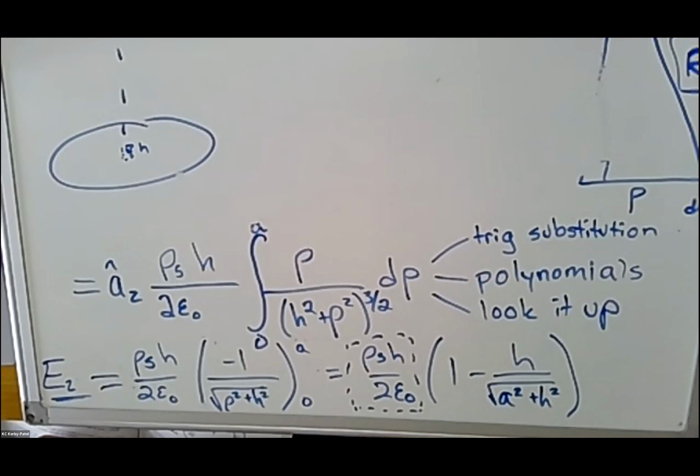Basically 0. Because you get 1 minus H over H, and you get 0 field. Which makes sense. You're sort of infinitely far away, and so you're far enough that there is no appreciable field due to this thing.